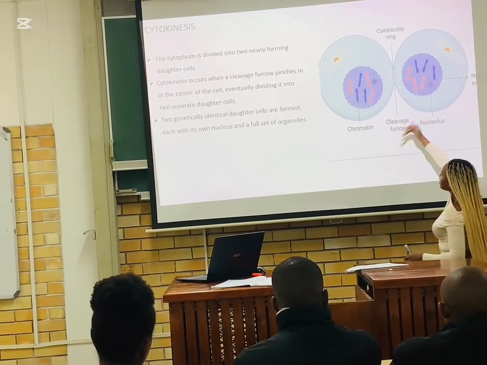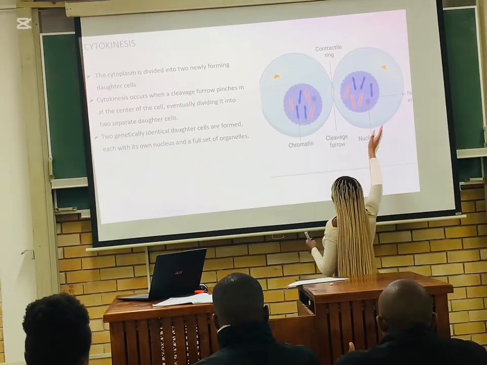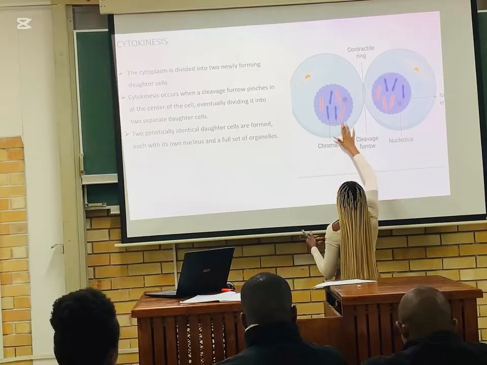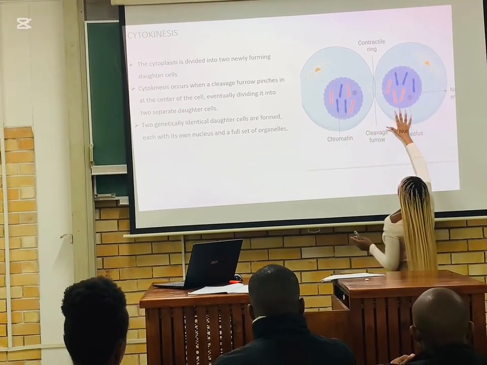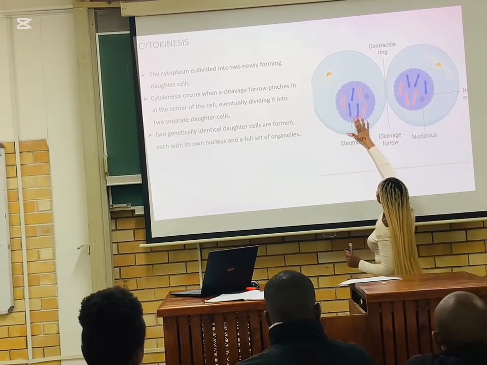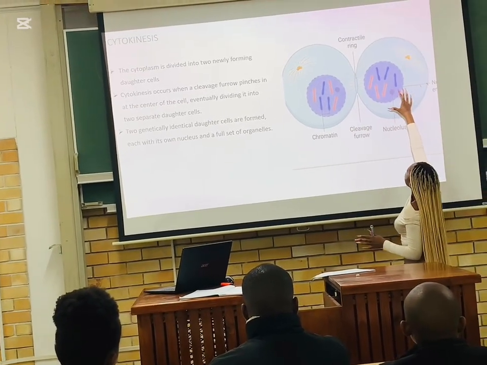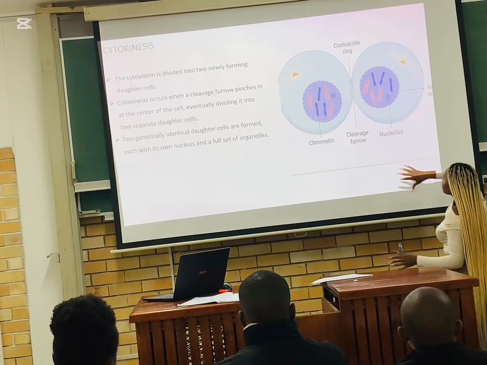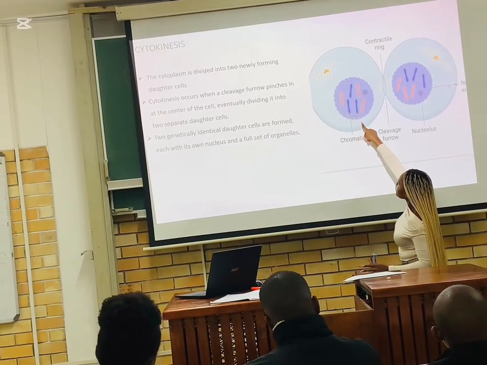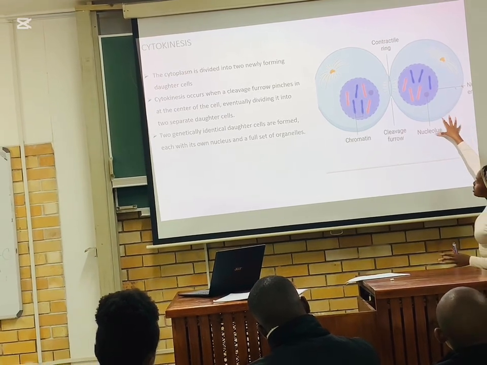Now we have two genetically identical daughter cells, and these identical daughter cells have their own nucleus and a full set of organelles. If you take a look, here we have three red chromatids, and on this side too we have three red chromatids, and also here we have three purple chromatids, and on this other nucleus we have three purple chromatids, meaning that the number of chromatids found in this cell is equal to the number found in this cell.